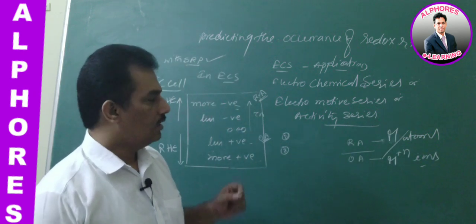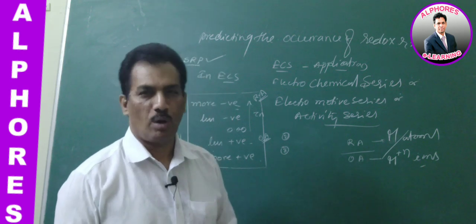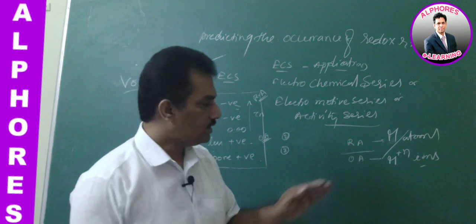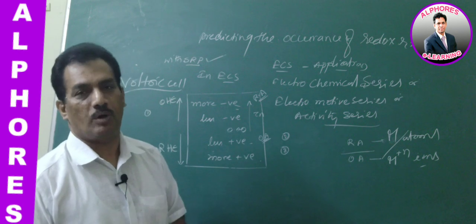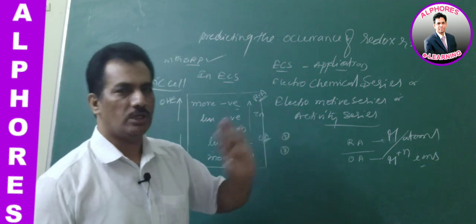So remember, when a metal exhibits oxidizing property, the metal atom is not involved; its ion is involved in the oxidizing property. Clear? But both these attitudes are attributed to the same metal.